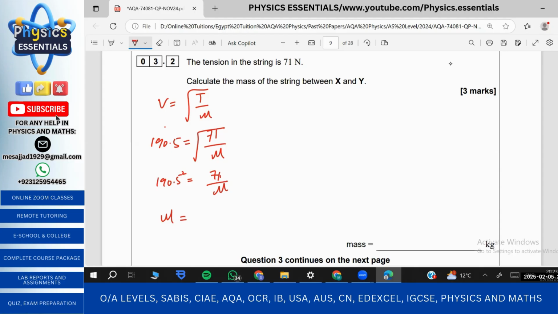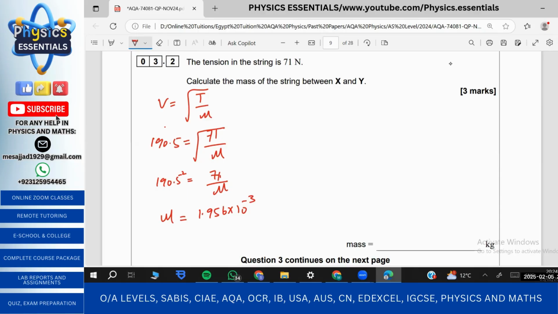Upon finding out the answer, let me calculate, mu equals 71 divided by 190.5 squared. That is 1.956 into 10 to the power minus 3.